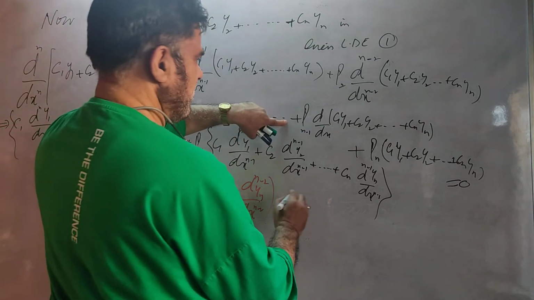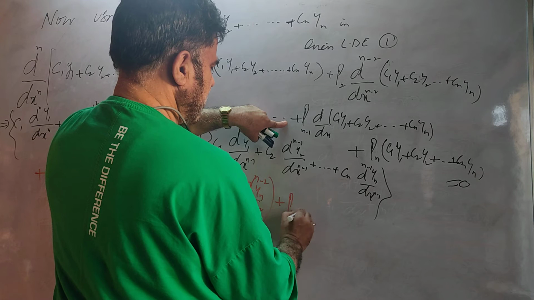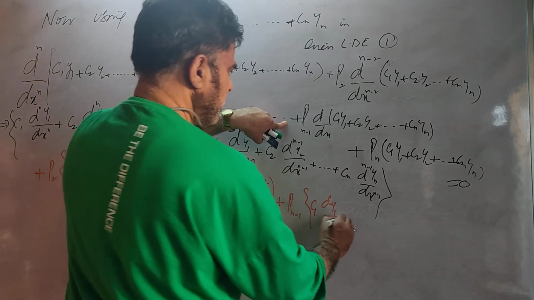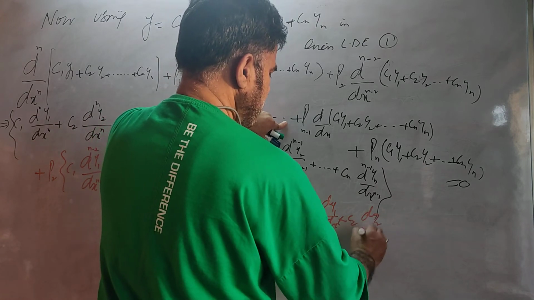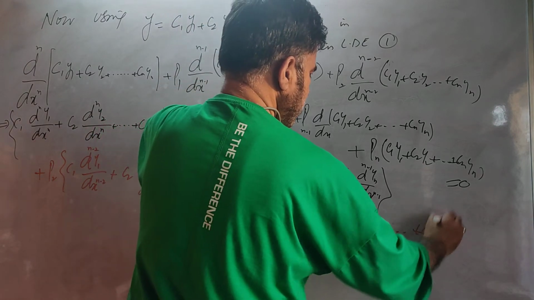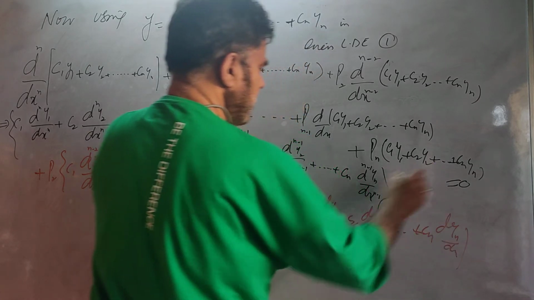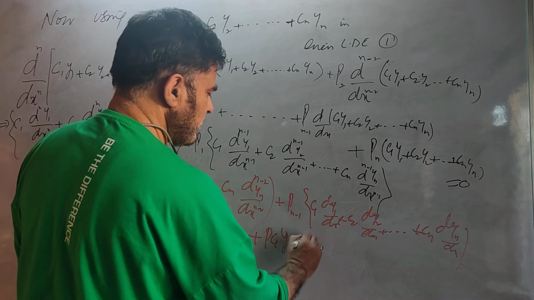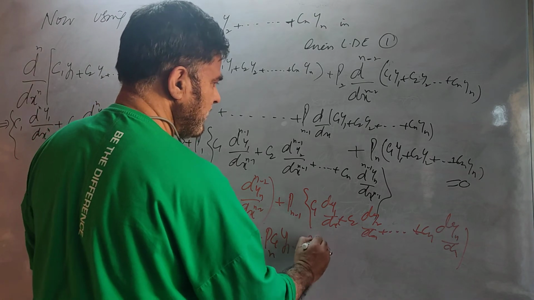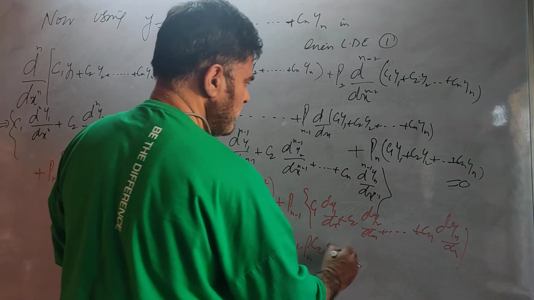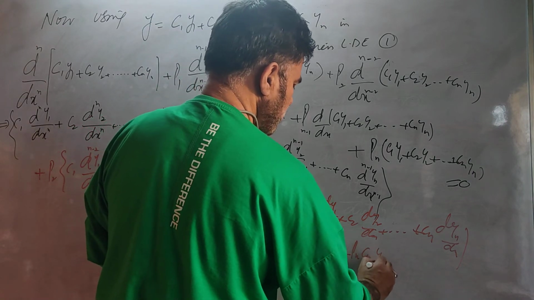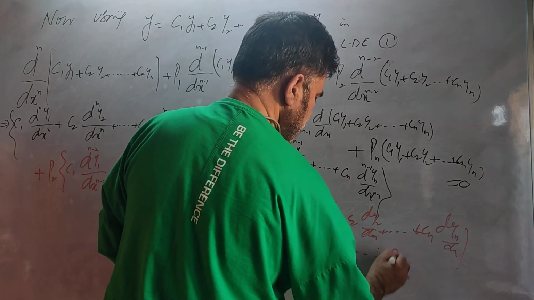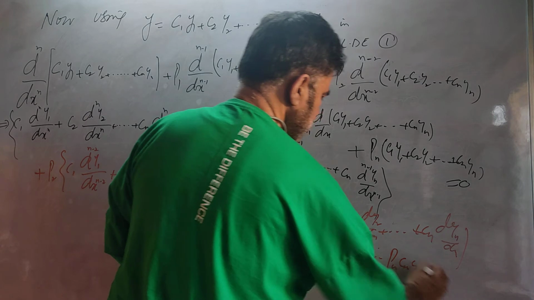Close this. Now come here, this will be p_{n-1}: c1 dy1/dx + c2 dy2/dx + so on to cn dyn/dx. Last it is plus pn c1 y1 + pn c2 y2 + so on pn cn yn = 0.